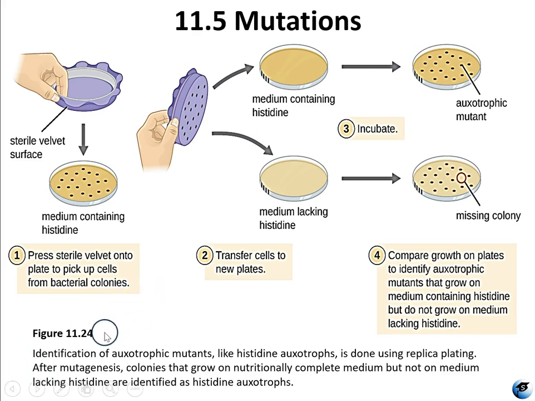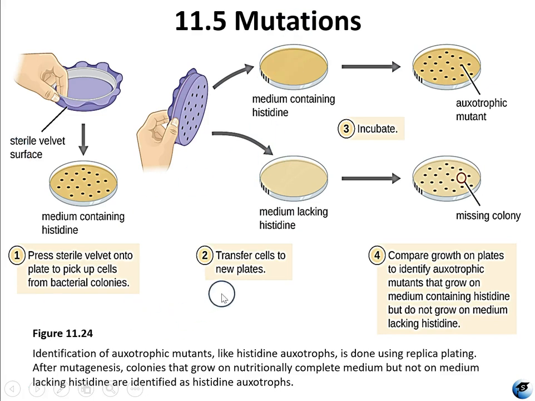So over here you have media that has histidine. This one is specifically looking for a histidine auxotroph. You have bacterial cells growing on a plate containing this compound that you're looking for, and they use this sterile velvet just to lift the cells up off of that plate.